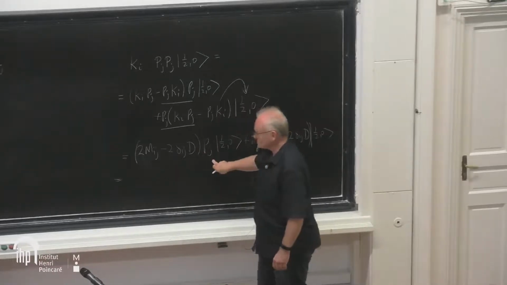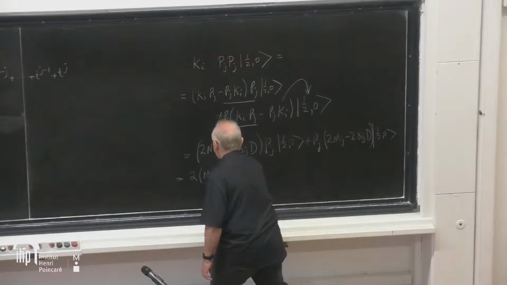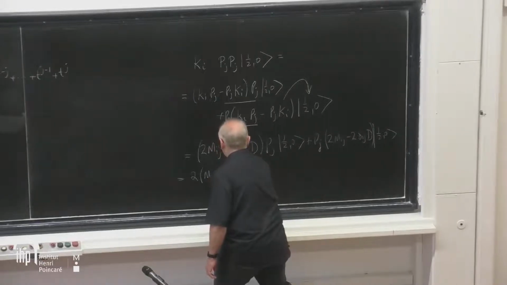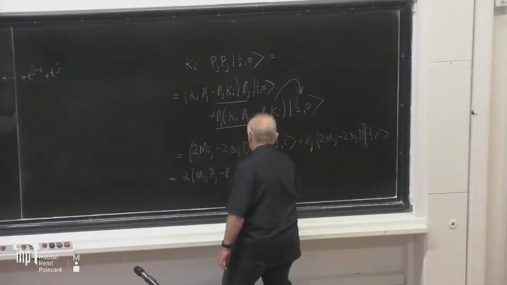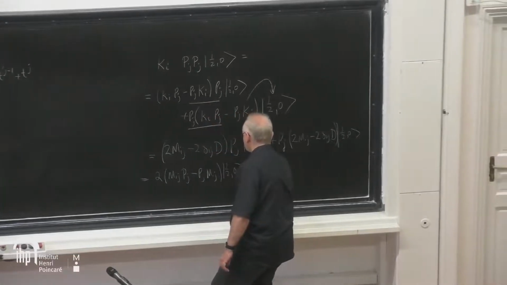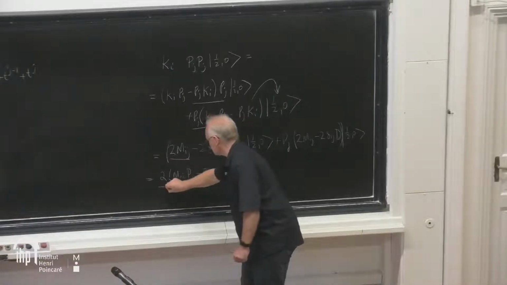For the M_ij onto the P, I can write this as 2 M_ij P_j minus P_j M_ij onto the |1/2, 0>. And this term is that term.